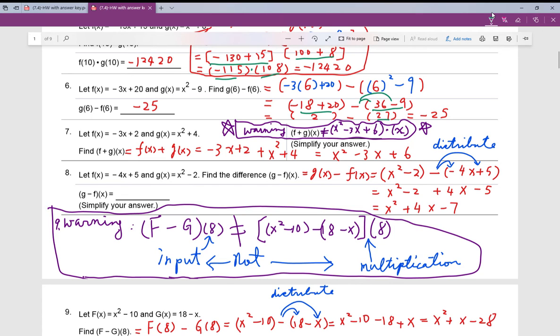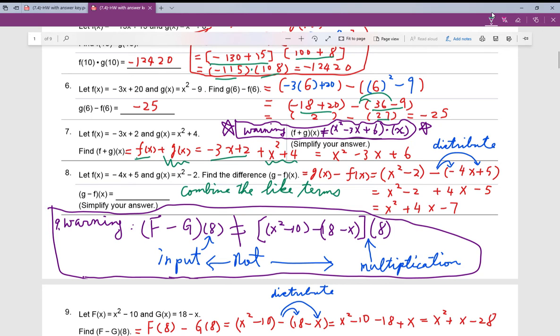Number 7, plus. So you add these two functions. This is f of x, and this is g of x. How do you add them? Combine the like terms.